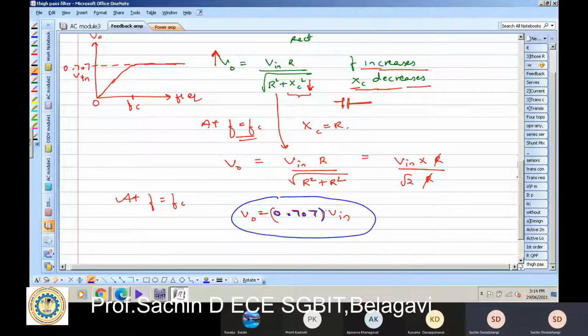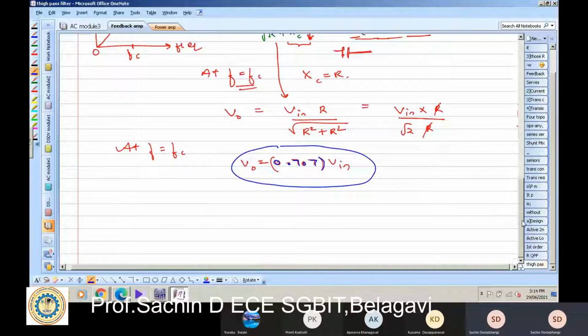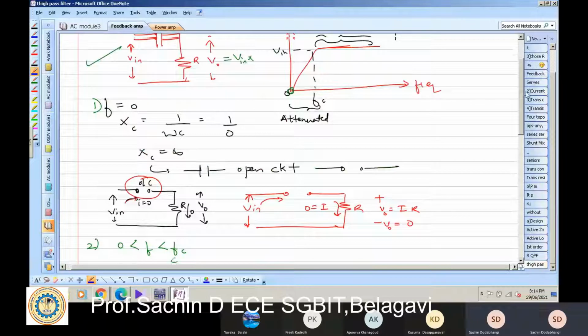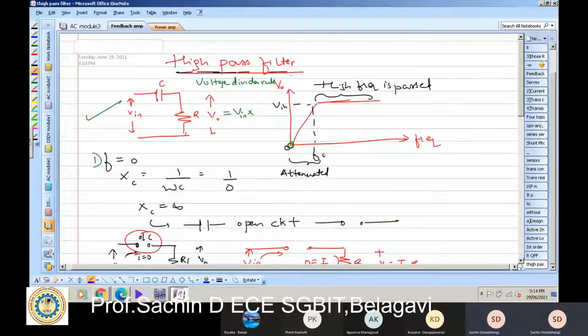So if you take more than the cutoff frequency, when the frequency is more than FC, go back to this graph. Here I have reached up to this range. Now this range is more than this FC.